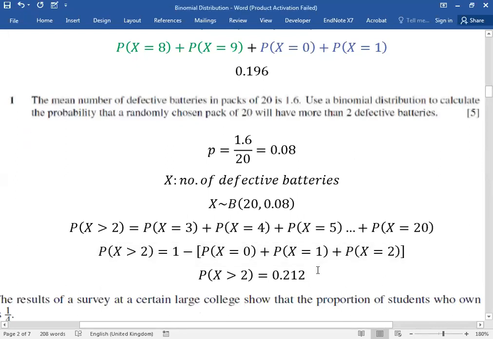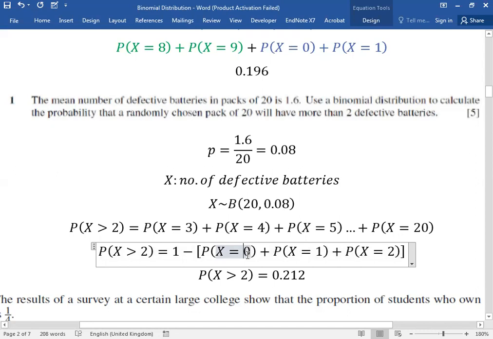This is what you should be getting once you add all of these. I hope applying the formula is not that difficult a task in this one. When it is zero, you don't need to apply the full formula. Zero successes means all failures, so failure, which is 0.92 to the power 20, you can directly do this one.